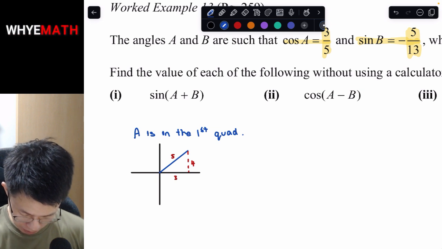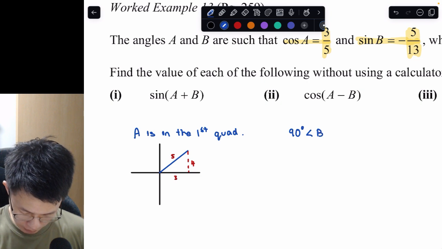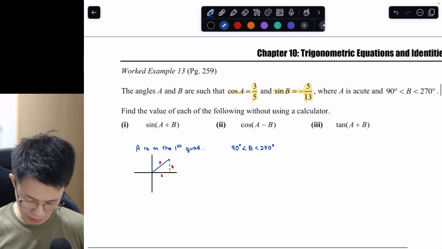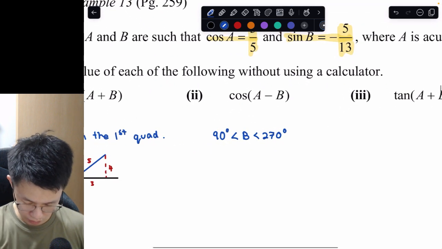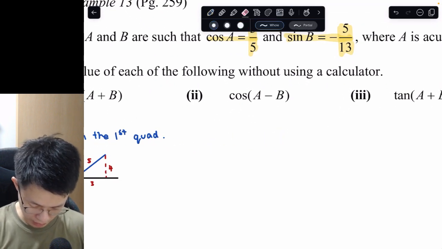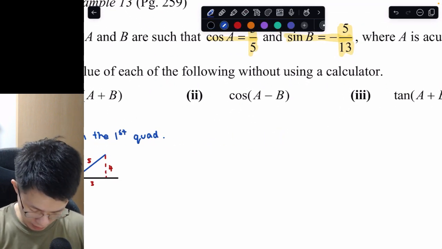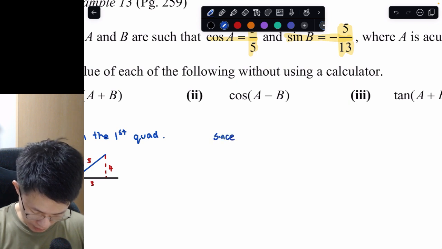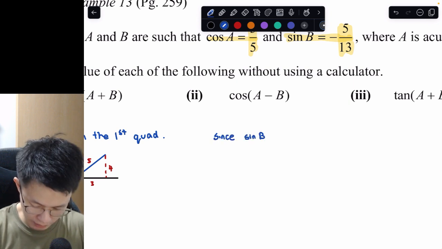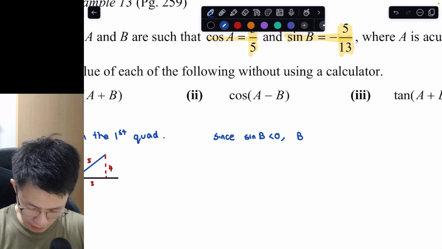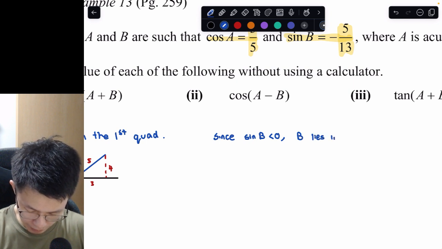Now B is a bit more special. B is between 90 degrees to 270 degrees, and B is a negative angle. So from here, B can only lie in one place, because the sine of B is a negative value, B lies in the third quad.